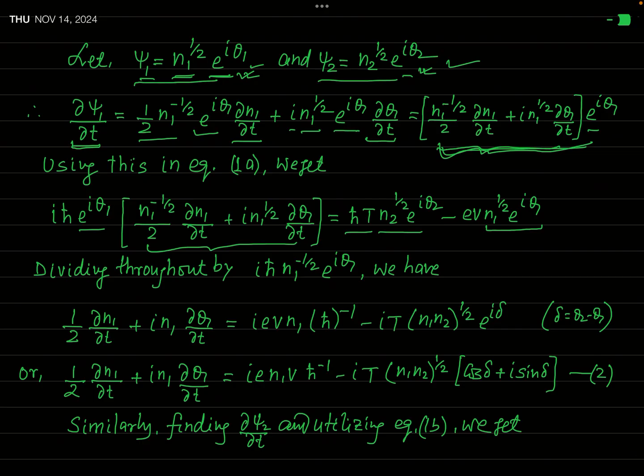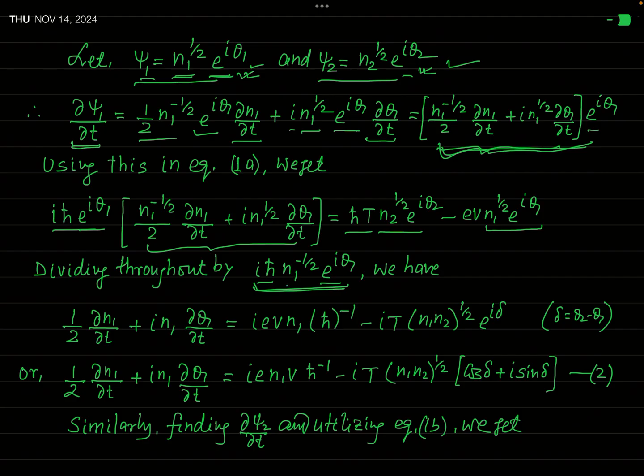Now to cast this equation in a proper format, let us divide this result throughout by this factor. So you have to remember it: iħ N1^(-1/2) e^(iθ1). So when the LHS is divided by this, you can see this iħ e^(iθ1), which is present here, will cancel out.